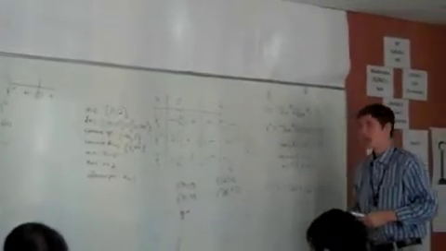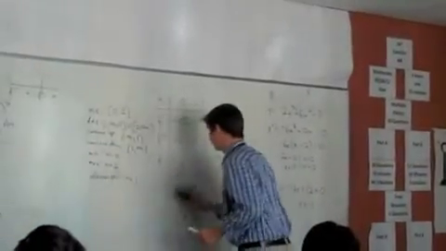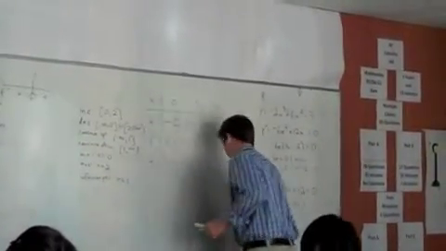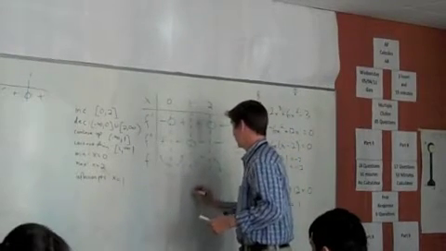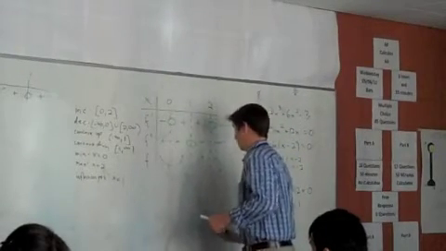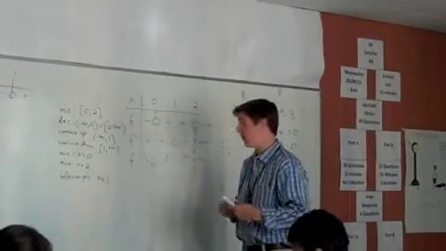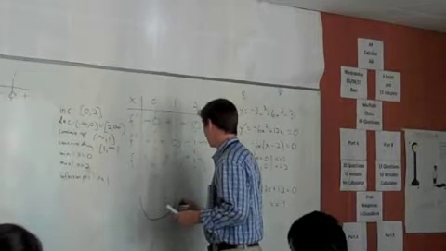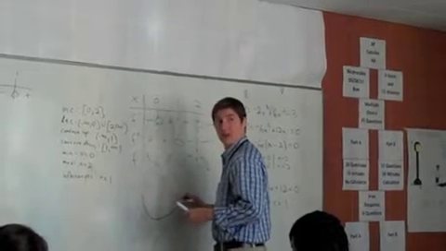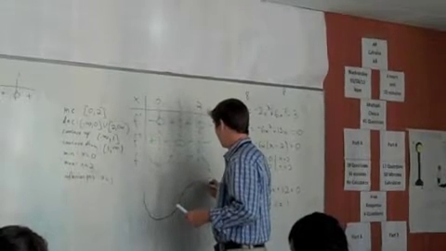Which means this function is going to do this. I don't know where high and low are. I only know overall this function is going to go decreasing, increasing, and then it keeps on increasing and then comes down.